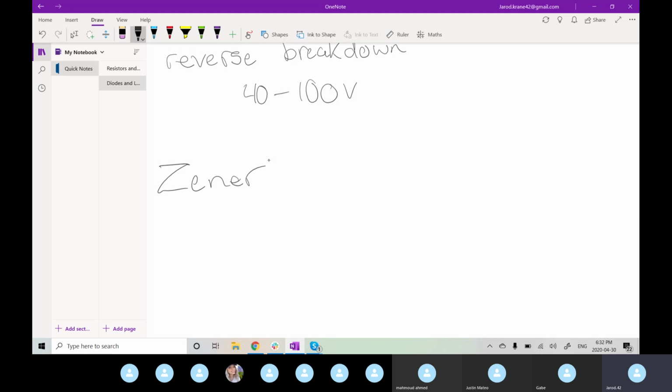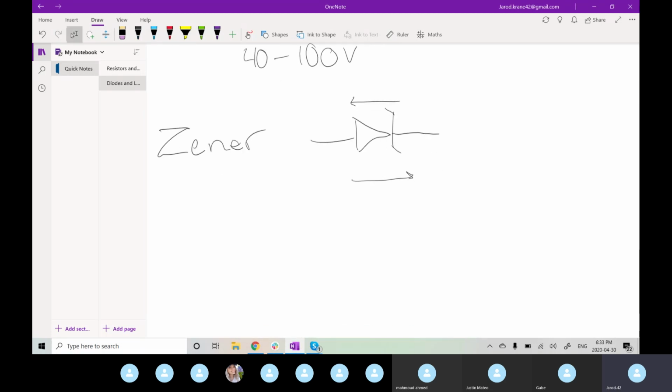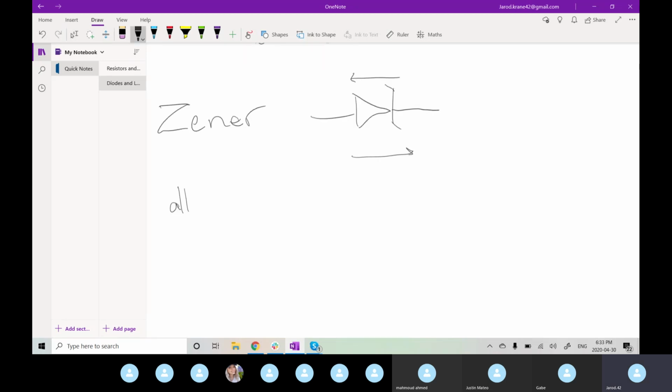Third one, the Zener. This one is where we start to get a little different from the other diodes. It allows current flow in both directions at a predictable range, whereas the above ones preferred to be in forward bias, only wanting the positive cycle.